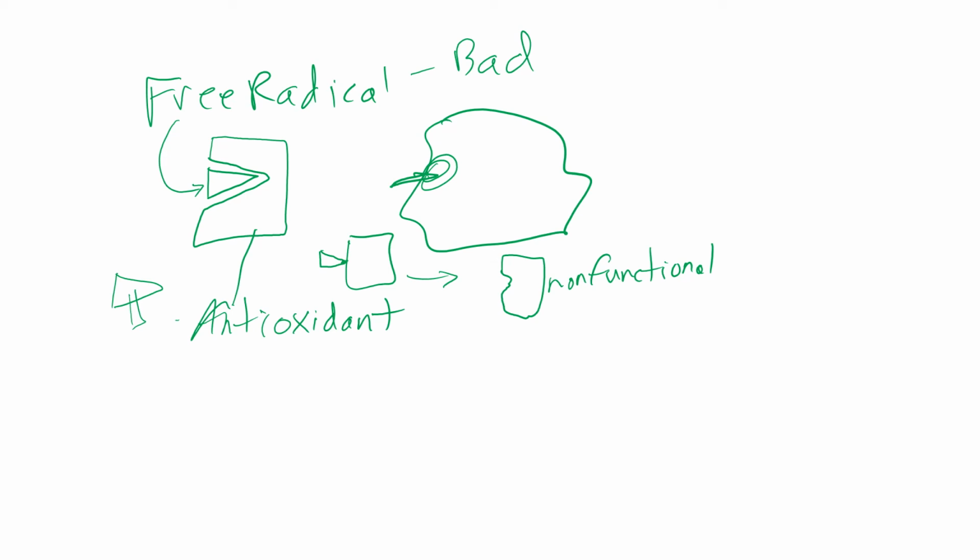Okay, it can't work anymore. The antioxidant might be something that basically breaks the free radical apart. Okay, it just breaks it into a couple different parts that are now no longer functional, where before it was, and now it's broken apart and it doesn't work.